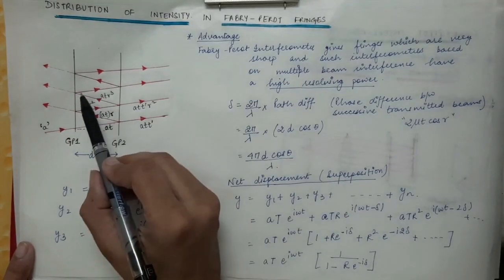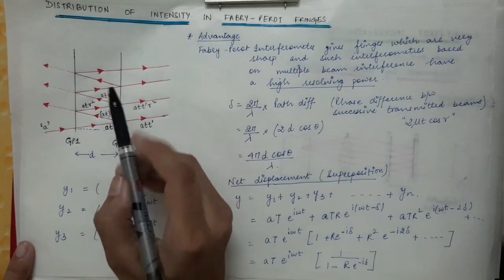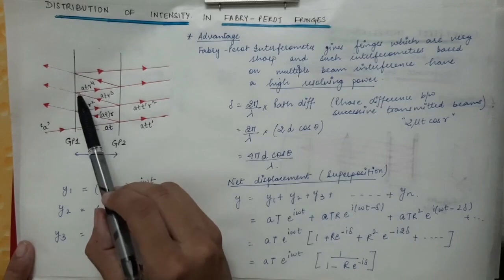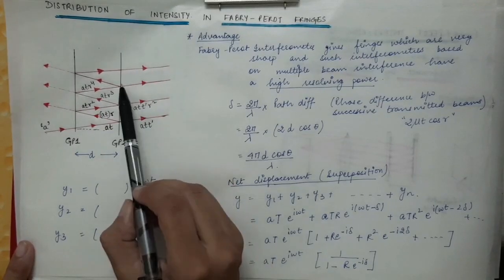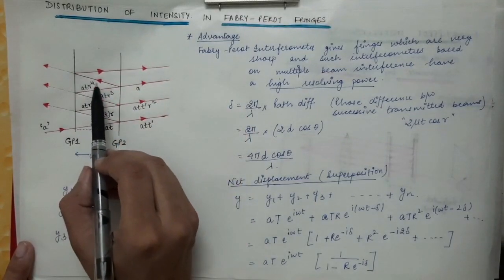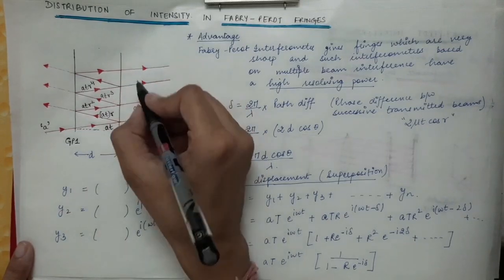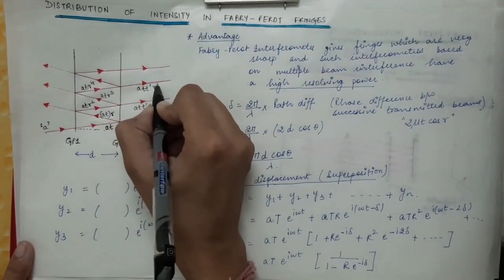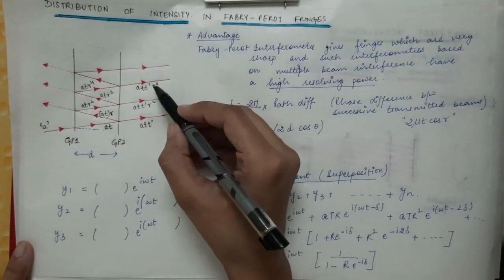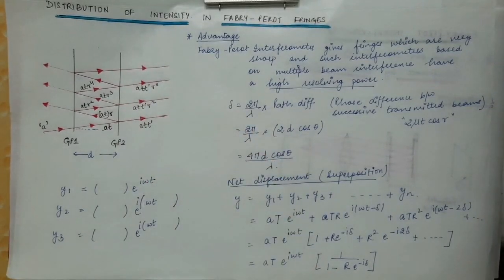Similarly, the amplitude of this reflected ray will be ATR cube into R, which will be ATR power 4, and this reflected ray will get transmitted, and the amplitude will be ATR power 4 into T prime, that is ATT prime times R power 4. Similarly, you will get the amplitude of all the transmitted rays as well as all the reflected rays.